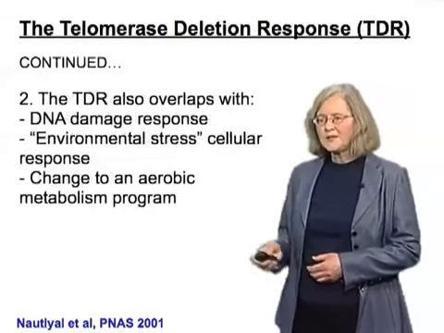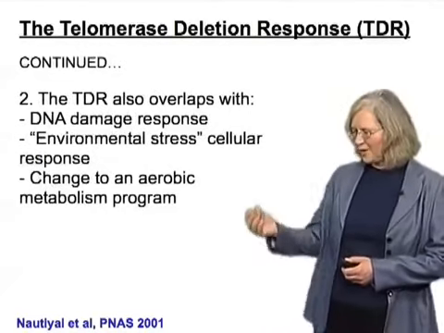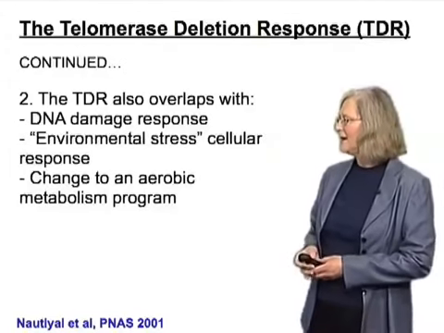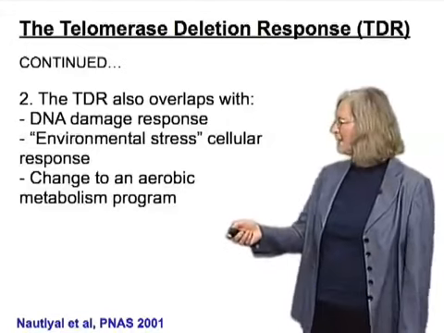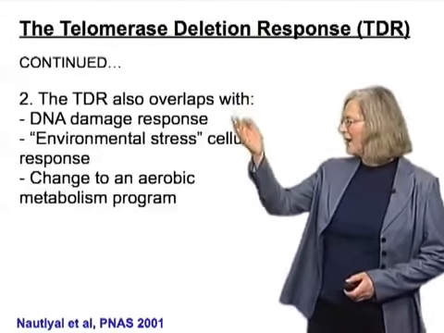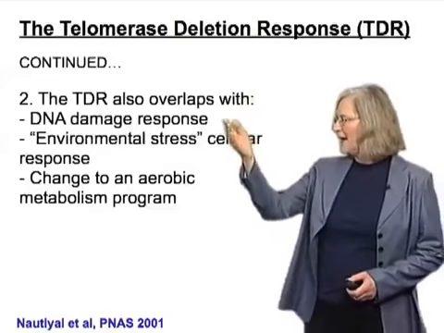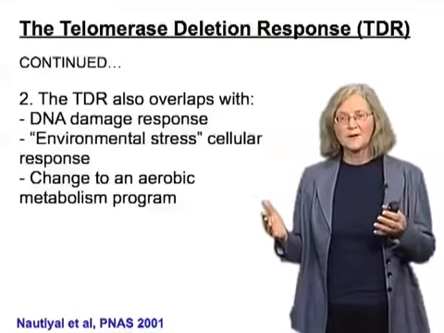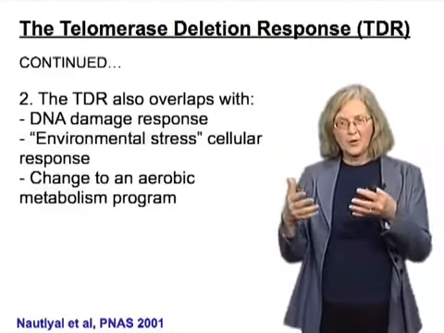Right at the stage of senescence, when I showed you that there were a lot of genes turned up or down in their activity, there was a particular known DNA damage response profile that was very prominent. That actually makes a lot of sense. If you remember, I told you that when telomeres become short, they become prone to fusions.